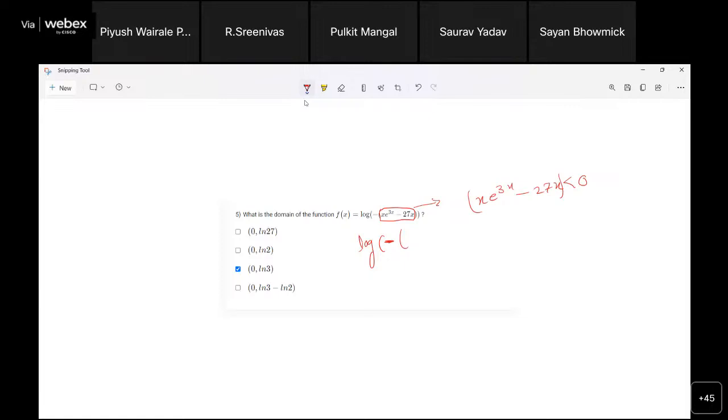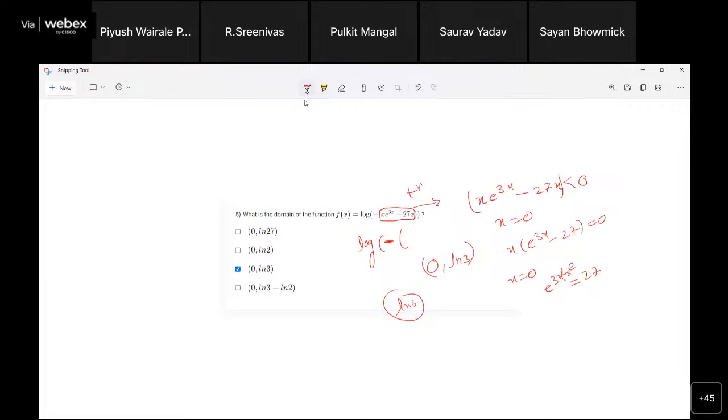If you find the root, it will be x equals 0. If you take x common and equate to 0, at x equals 0, and e to the power x minus 27 equals 0, so you can simply take ln of 3. So ln of 3 is the root here. When x is between 0 and ln of 3, this function will be less than 0, so it becomes negative.